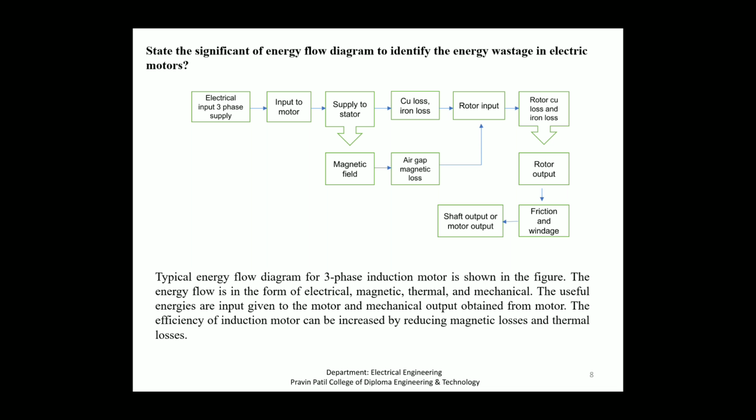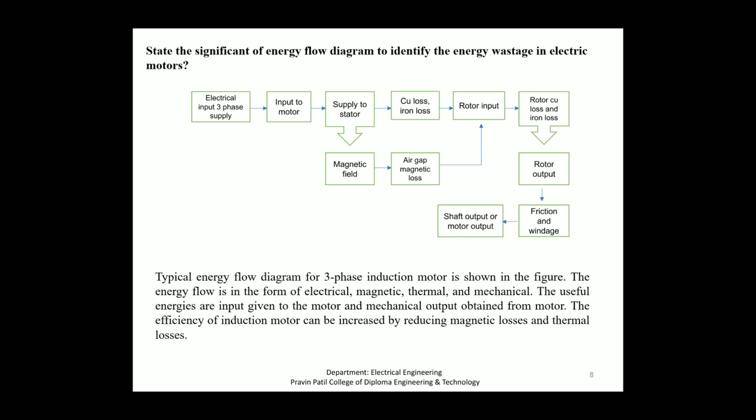In an induction motor, there are two important parts, the stator and the rotor. The stator carries the stator core and the rotor carries the rotor core. Also, the stator carries the stator winding and the rotor carries the rotor winding.